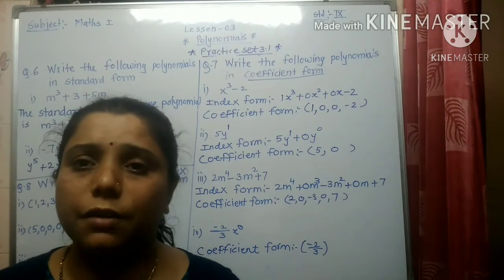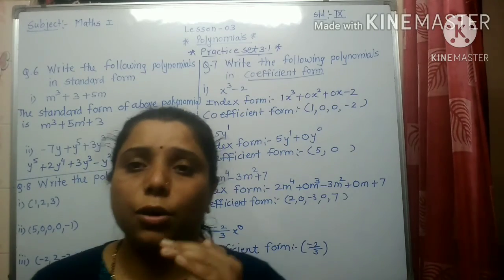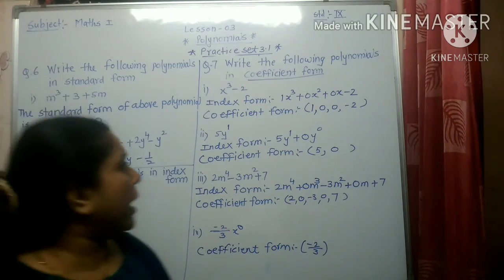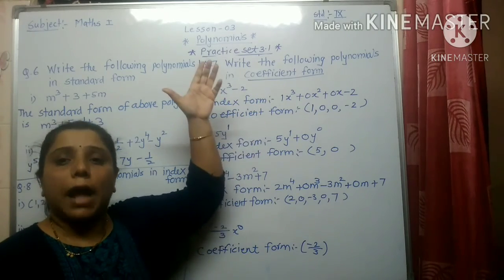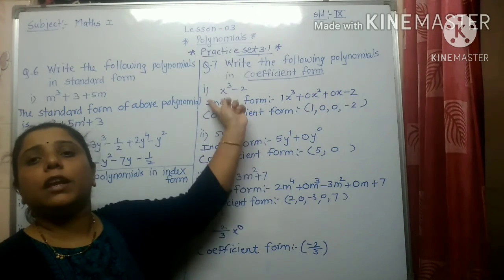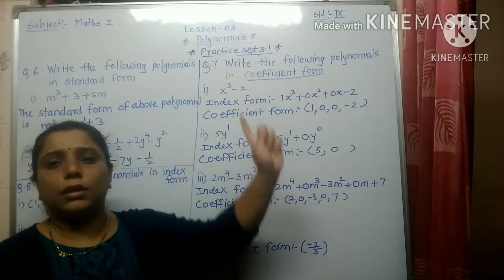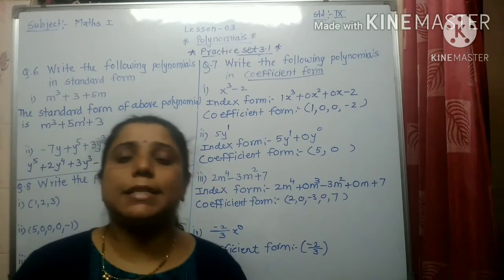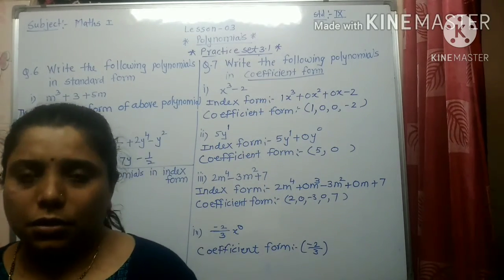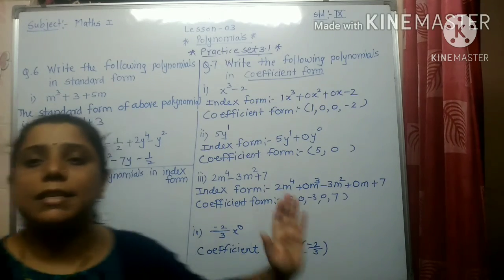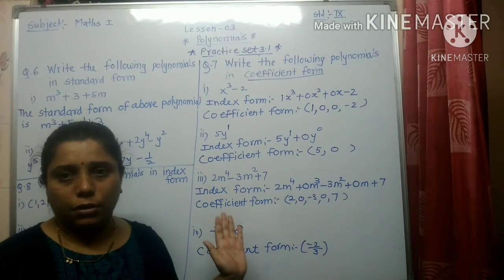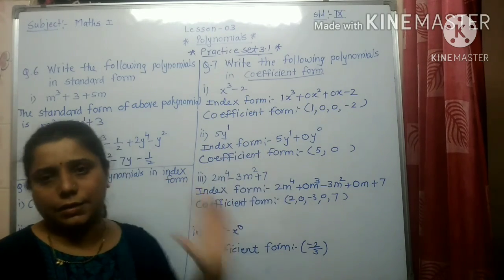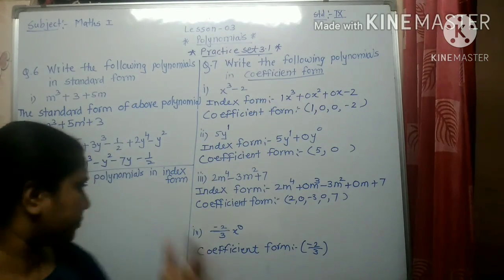No, for our convenience, we are writing. For accuracy point of view, before writing the coefficient form, you will write the index form. So there is less chance to make a mistake. To avoid the mistake, this is the easy way to write down the coefficient form with the help of the index form. Understood?